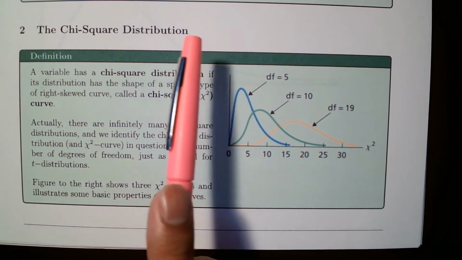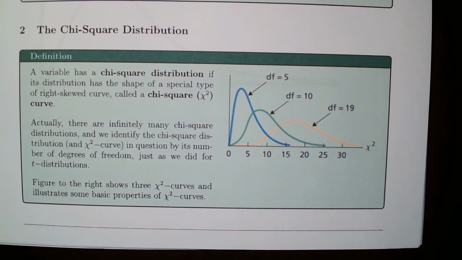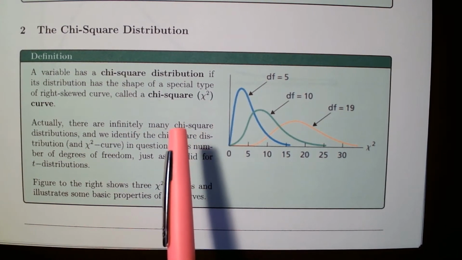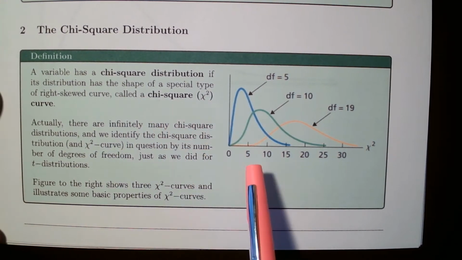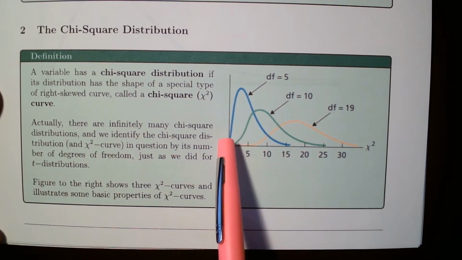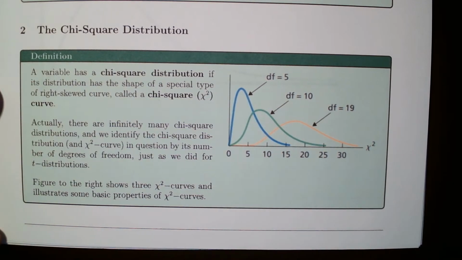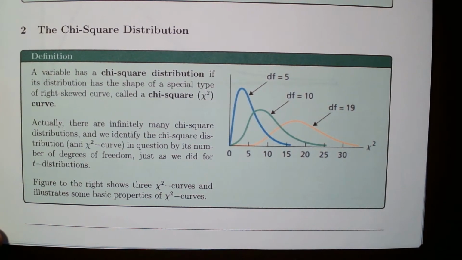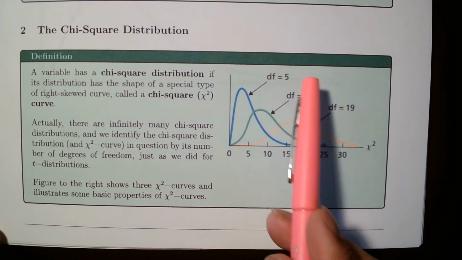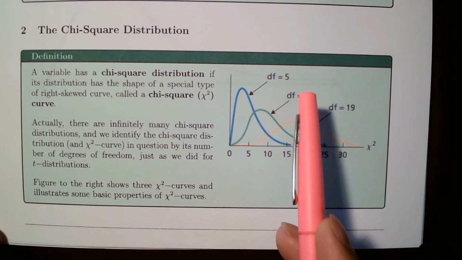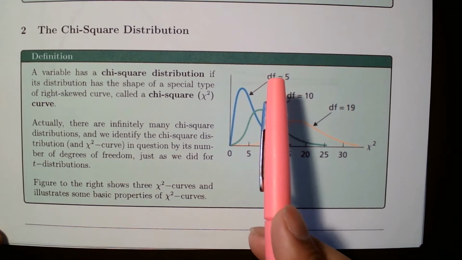As opposed to the normal distribution and the t-distribution, the chi-square distribution is a distribution that is right skewed. Actually there are many different chi-square distributions, and that has to do with the degrees of freedom.